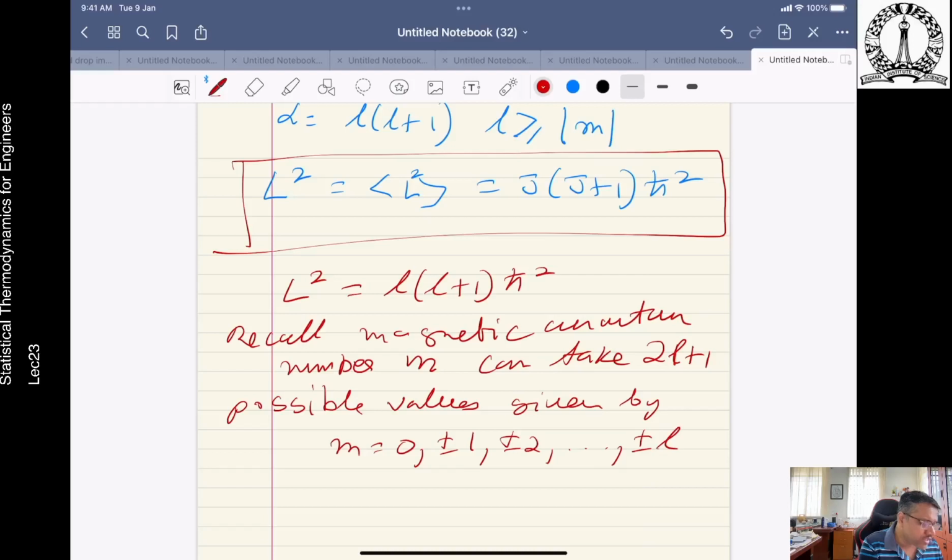From the book it is equation 6.56. So that equation you can replicate.